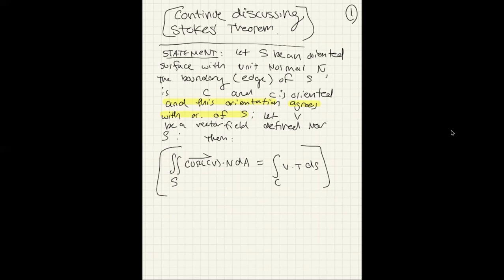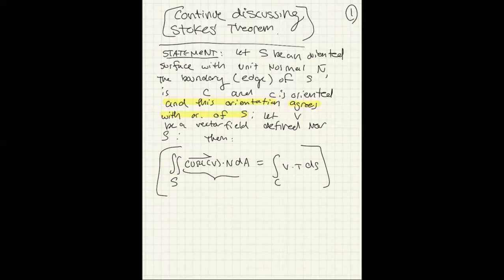We can interpret why this is true by understanding, instead of thinking of the left-hand side as the amount of curl flowing through the surface, you should really think about this as how much of V's rotation lands on S. That's a better way to geometrically think about the thing on the left. And then the thing on the right is the work done on the edge.